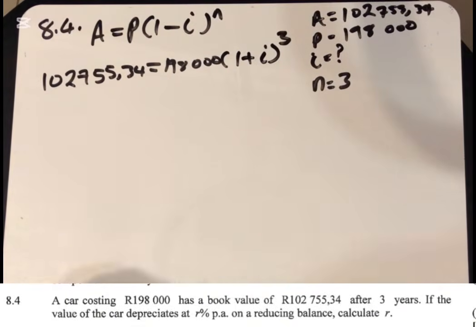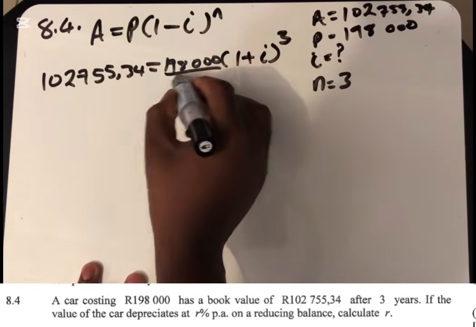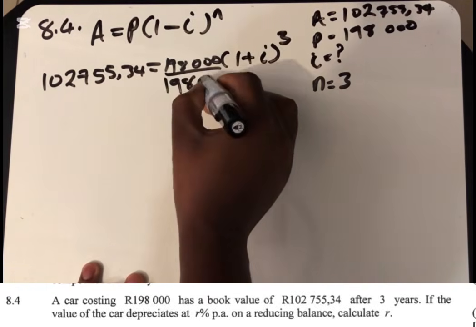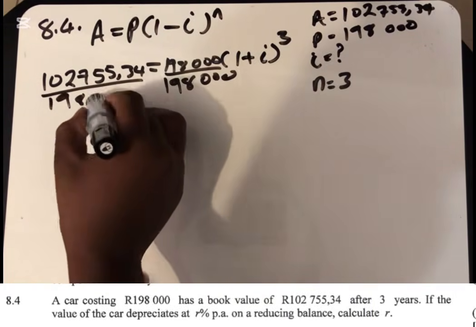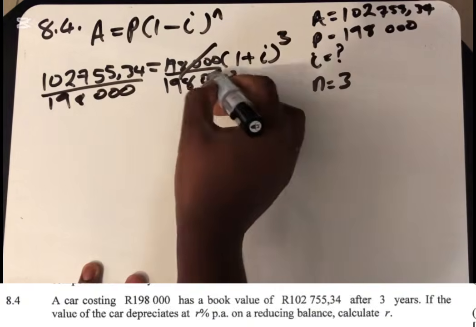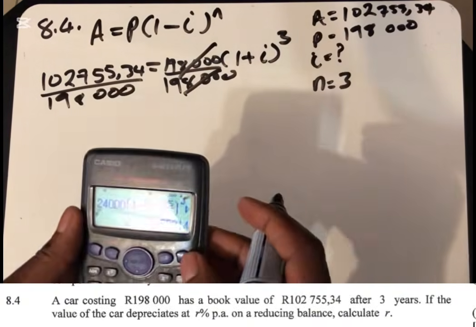This is how we substitute everything in here. So the first step that we can do here is to divide everything by what? 198,000. We divide here by 198,000, also divide here by 198,000. This and this can cancel.